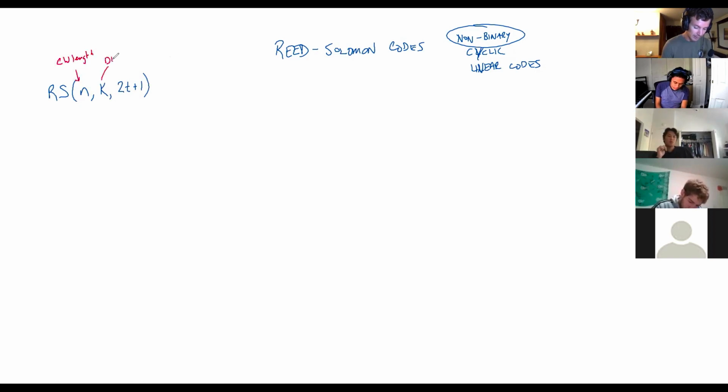This is data word length. And then this third parameter is the minimum distance between code words, Hamming distance, right? Minimum number of bit flips required to get from one code word to the next.